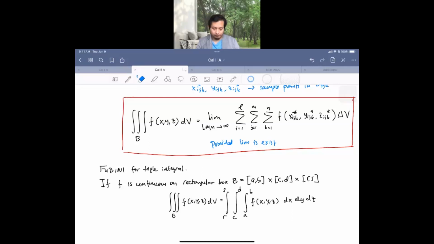And we can arrange the integrations as much as we want. We can arrange like dy, dz, dx, and we can just change the order of the integrations.